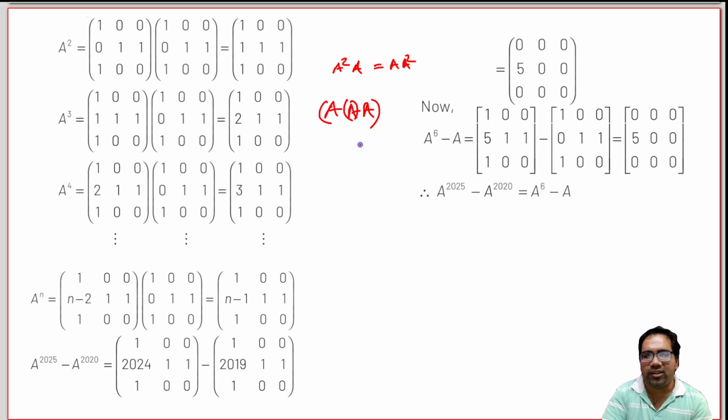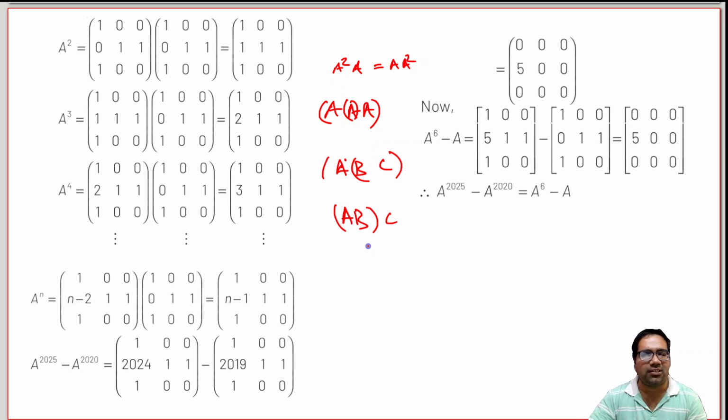For example, for A, B, C, whether you multiply B, C first and then A with the result, or A, B first and then multiply with C, that is fine. But AB is not equal to BA. We cannot swap the left matrix and the right matrix. As long as you keep left at left and right at right, that is fine, whichever ones you multiply first.